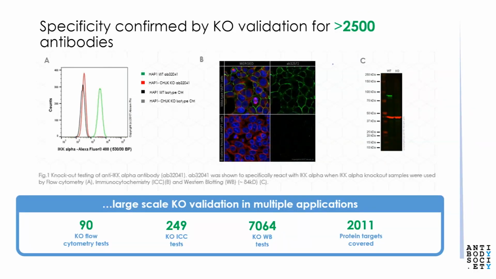And with this initiative, we have now confirmed the specificity of over 2,500 antibodies. And actually, we have been able to remove the non-specific antibodies. And we have now covered over 2,000 protein targets. And importantly, we have learned a lot through this initiative.